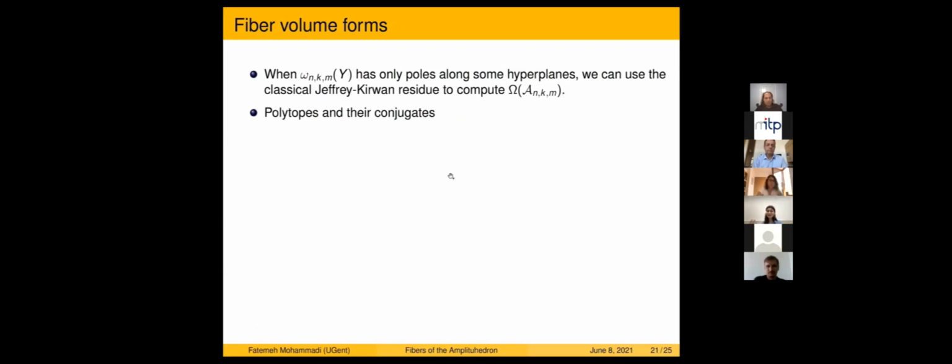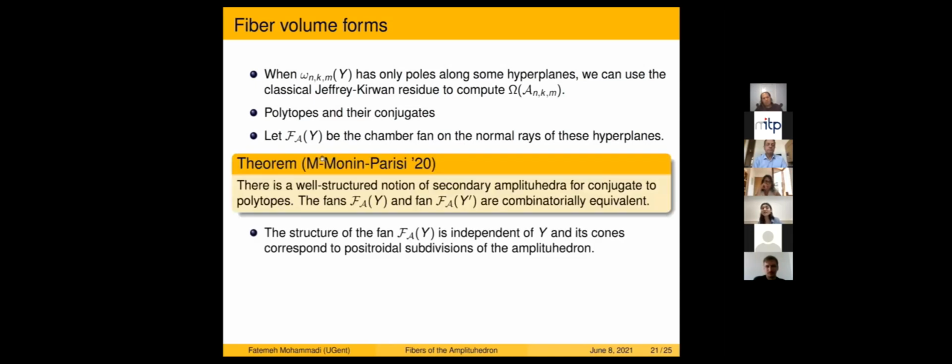This is the case for the polytopes and their conjugates, and in particular the hyperplane arrangement that you have, together with the normal rays of this arrangement, defines a fan, the same fan that we saw in the previous picture. Let's call this fan F, and we show that this fan is actually the secondary fan of the amplituhedron, so it encodes all these subdivisions.